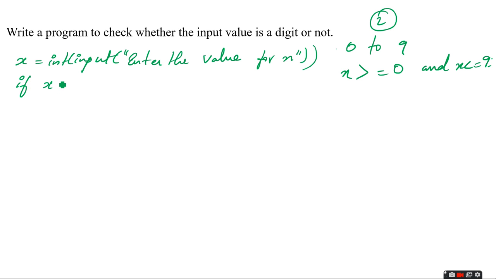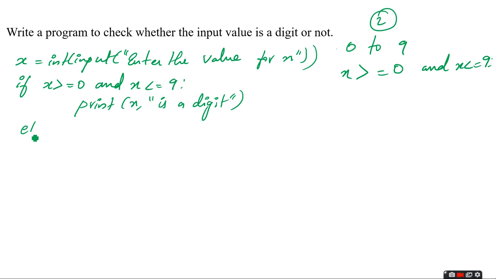For that we can write x should be greater than or equal to 0 and x should be less than or equal to 9. If the condition is true, we can print that x is a digit. Else, print x is not a digit. In this way, we will get the answer.